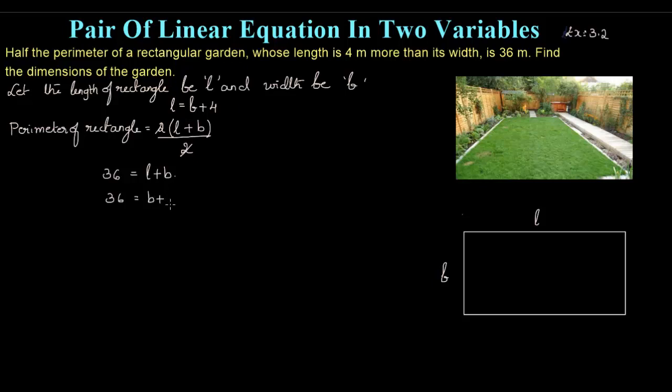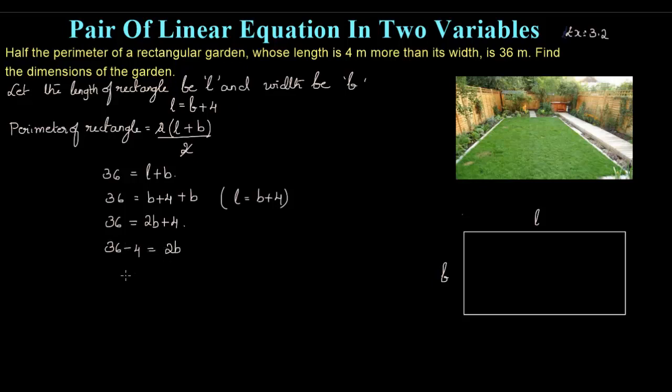So let us substitute here. Length is B plus 4, and then this B I have just copied like this. So we have just substituted here. 36 is equal to 2B plus 4. Right? So this 4, let me shift it to this side, so it will become minus 4.